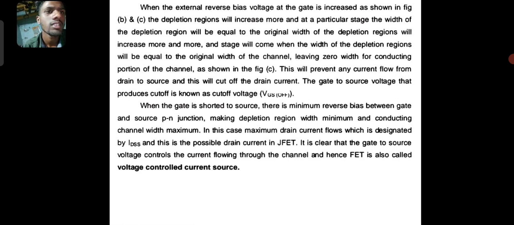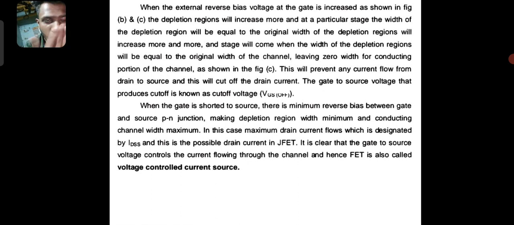As shown in figure C, this will prevent any current flow from drain to source and cut off the drain current.